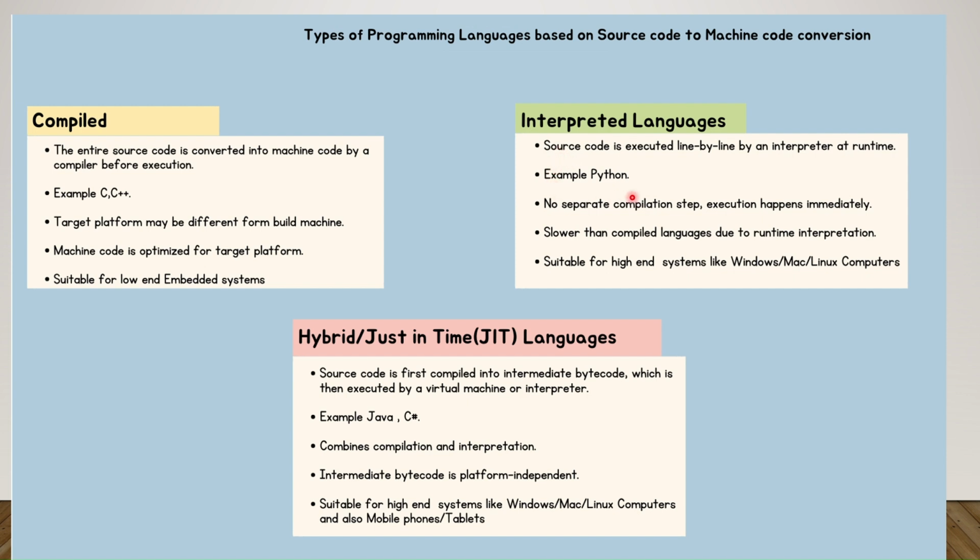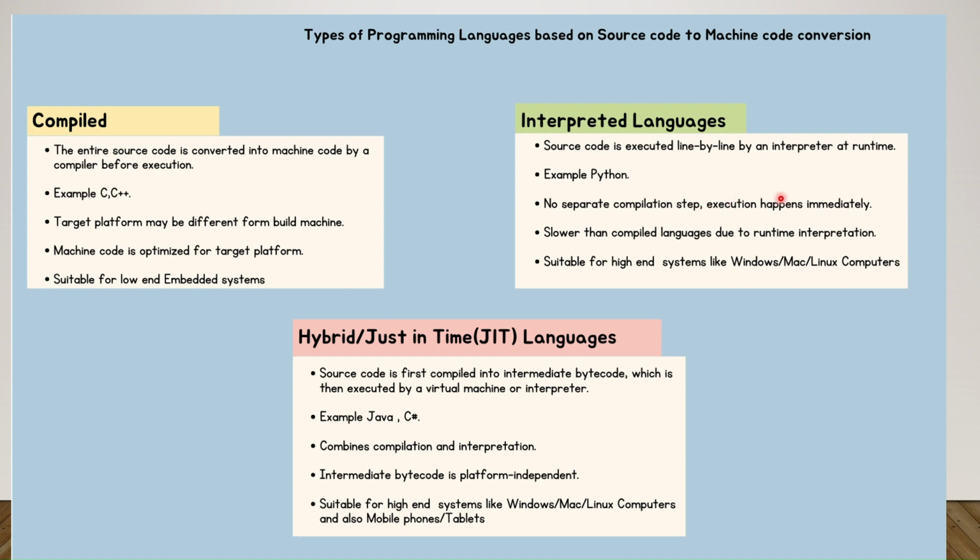Let's say you are running a small Python script. It executes line by line, and only at runtime does the interpreter convert your instructions into machine code while you are running, not prior to execution. So there is no compilation step.